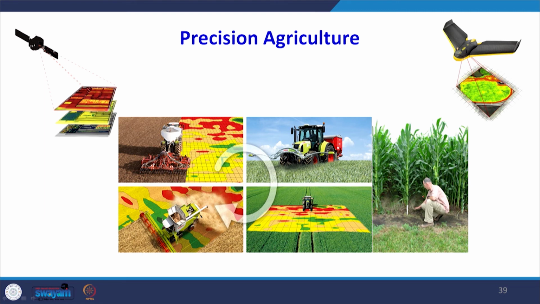This precision agriculture is another upcoming area where drones, along with other technology like sensor based technology and IoT, are used, and people are now using mobile apps where all the data comes in and they come to know immediately if there is any requirement of irrigating the field, or if it is going to rain, then there is no requirement of irrigating that particular field tonight.